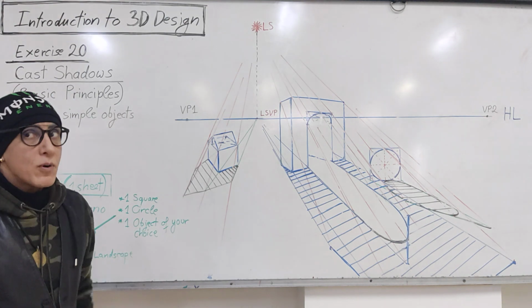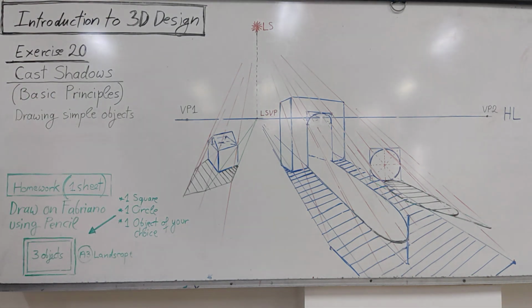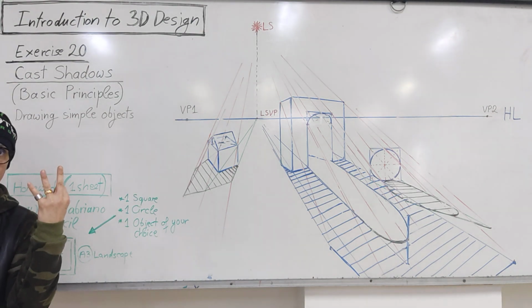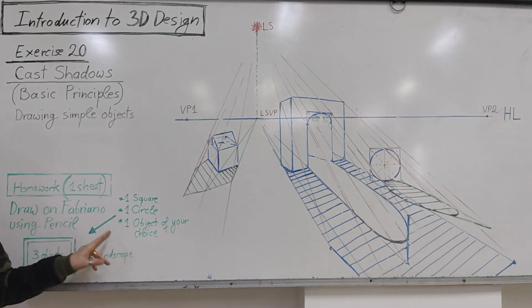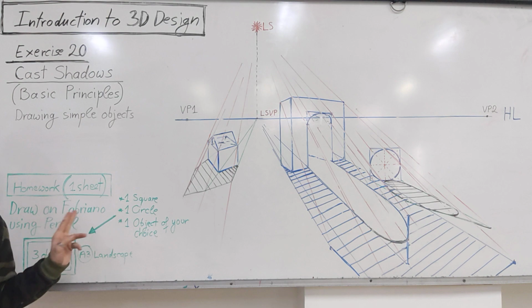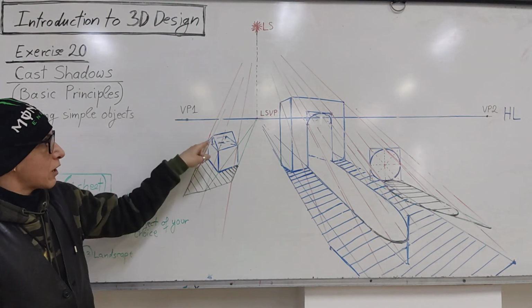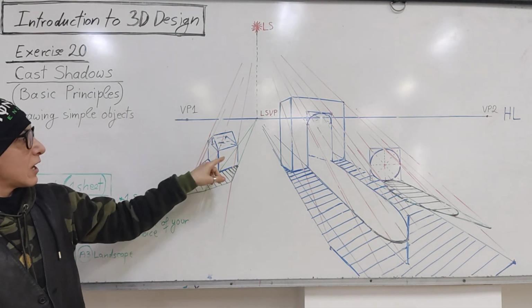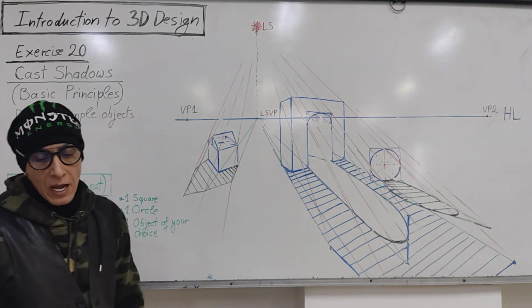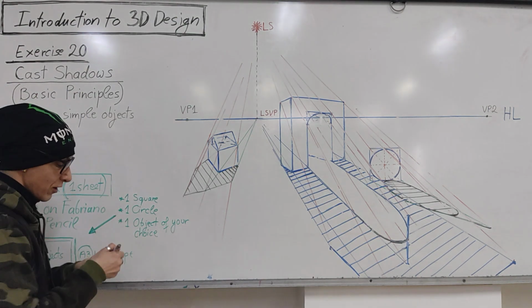Now, what I want you to do is, on your A3 paper, you will have 3 objects. Please listen carefully so you don't make a mistake. I want everybody to have a square, just a square without this on the top, a cube, because it's a 3D object.